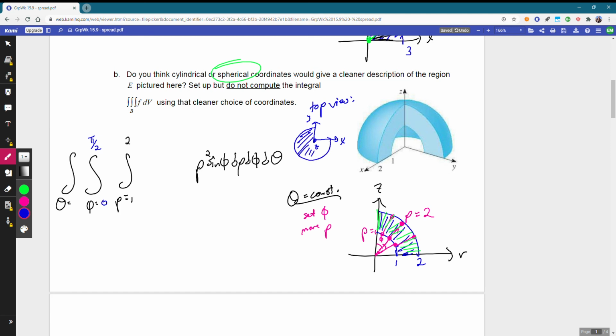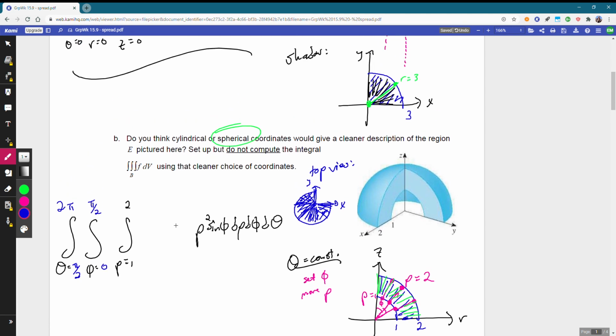This is what it would look like from the top. And well, what angles are we using? All right, we want our angles to be increasing, and so we actually are going to start at pi over 2, and then keep moving up through pi, through 3 pi over 2, all the way up to 2 pi. So from pi over 2 all the way up to 2 pi would be our boundaries for theta. Those are the thetas that we're using.